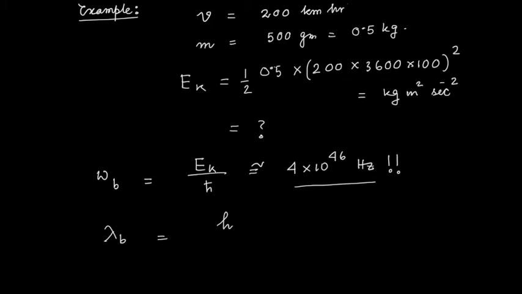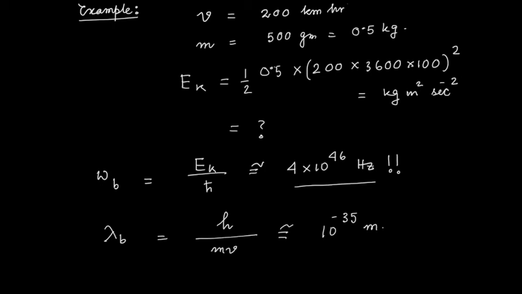What would lambda be? Lambda b is given by h by p. P is m times v, as we are considering the non-relativistic case. And this, if you calculate, will come out to be of the order of 10 to the minus 35 meter.